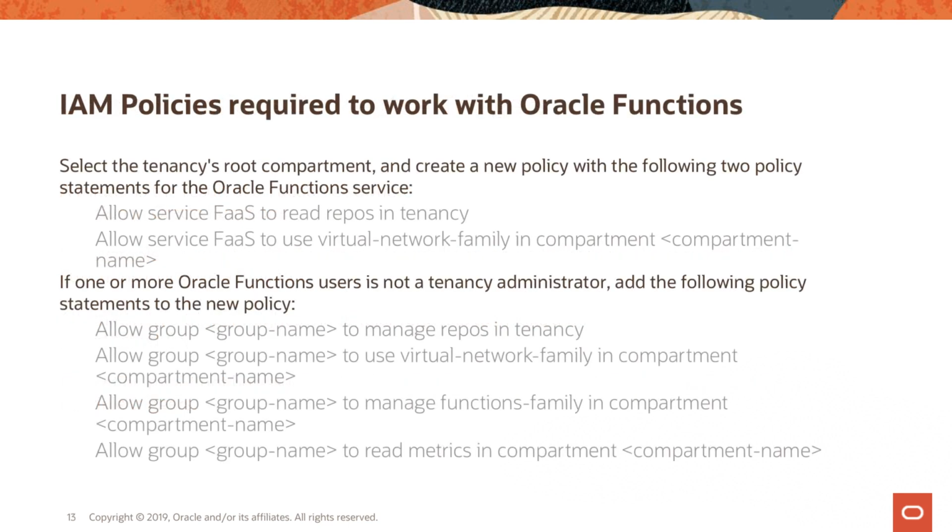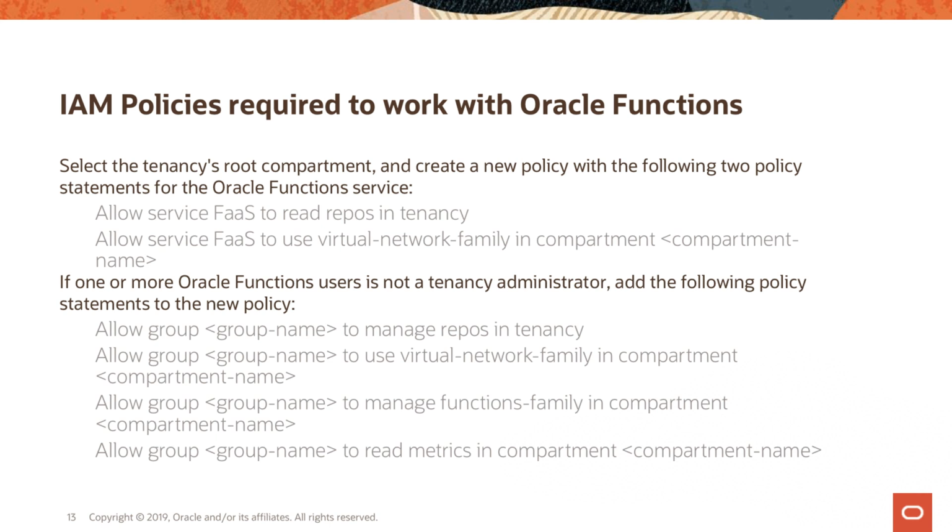So, a quick look at the IAM policies required to work with functions. You would need to write at least two policies in the tenancy's root compartment. The first one is about reading the repositories where the Docker images are stored, and then using the virtual network family in the compartment so that it can leverage the VCN and subnets and its resources.